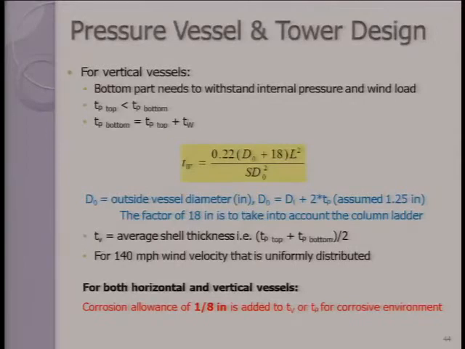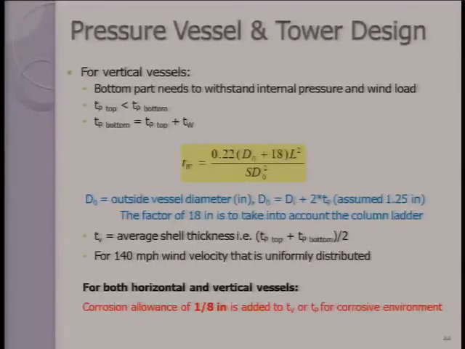The one in the bottom will be TP plus the wind. And then the average shell thickness will be T top plus T bottom divided by 2.